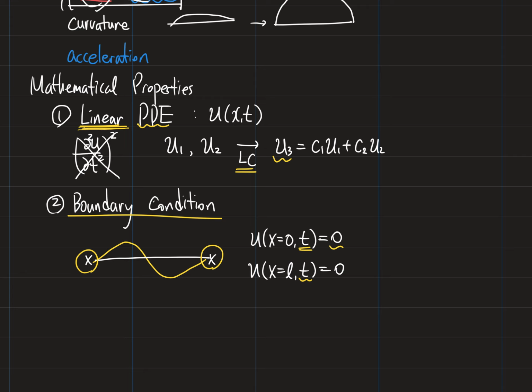So these conditions are essential for finding the specific solution that corresponds to the standing wave in our situation. And you might realize in chapter 5 or chapter 6 that quantization is actually the result of applying boundary conditions to a problem.